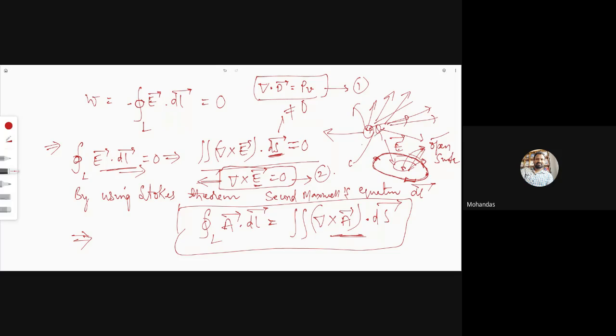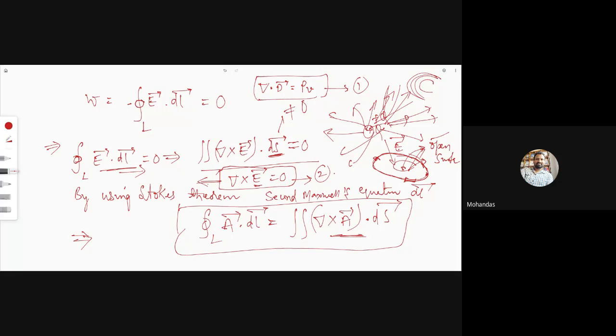Straight lines which end at infinity if you take a positive charge. This is not a curly nature like the magnetic field. Electric flux lines are straight lines, so it is not a rotational field. So the curl of the electric field will be 0.